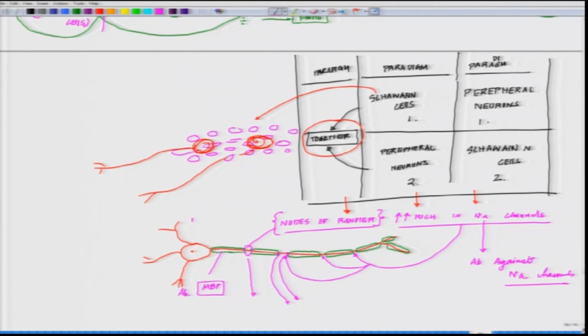And on top of that, you have to have electrical recording from these neurons, and you have to measure the conduction velocity.